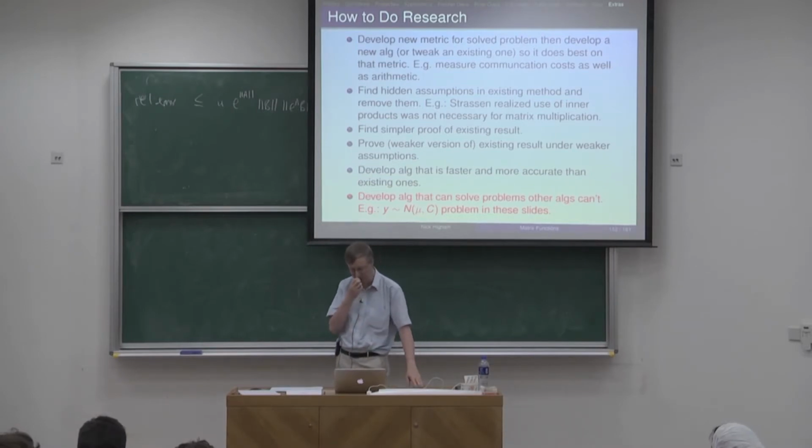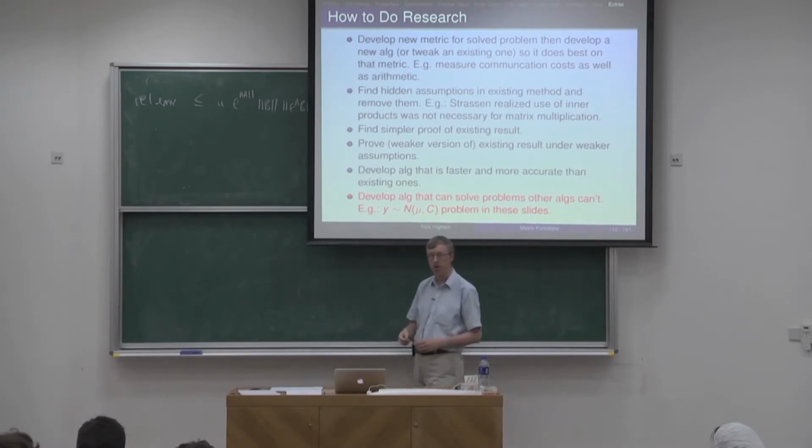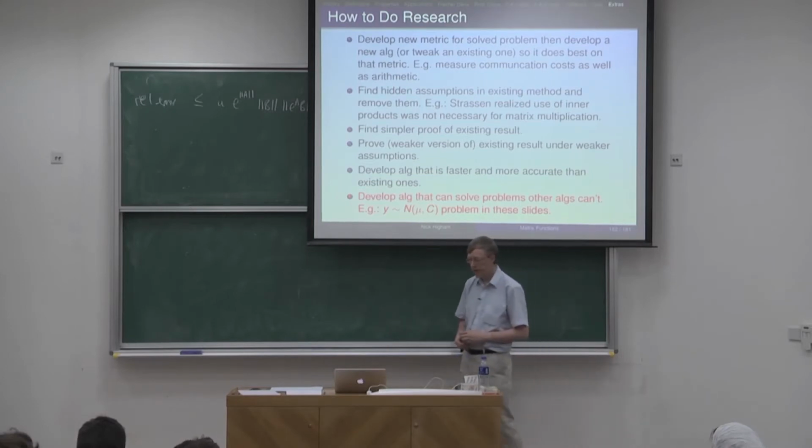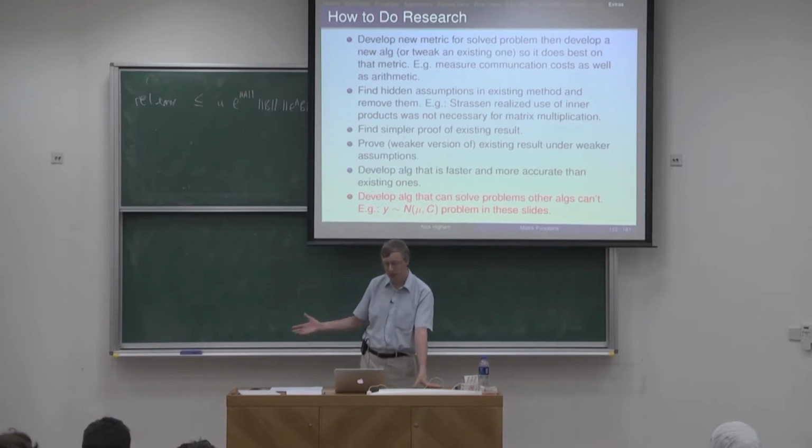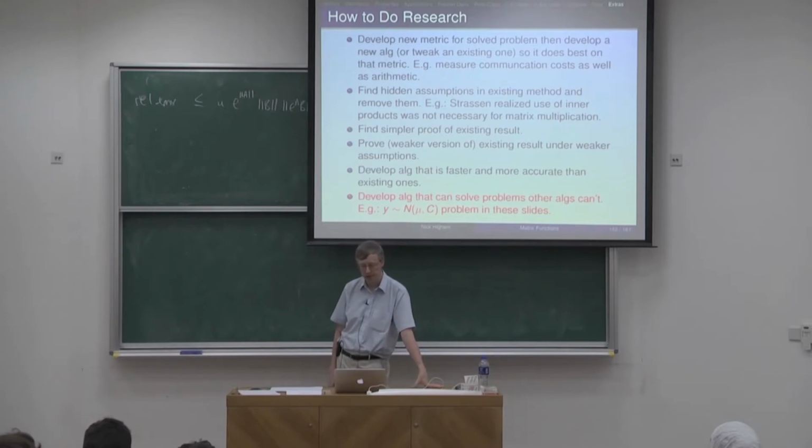Okay. So those are some thoughts on the bigger picture of doing research. And I'd welcome any other ideas. I'm sure that's not a complete list. What would be a good thing to do would be to take an issue of, say, the latest SIAM Journal on Matrix Analysis and Applications, and then go through the papers and just classify them as to which of these bullets they fall into.